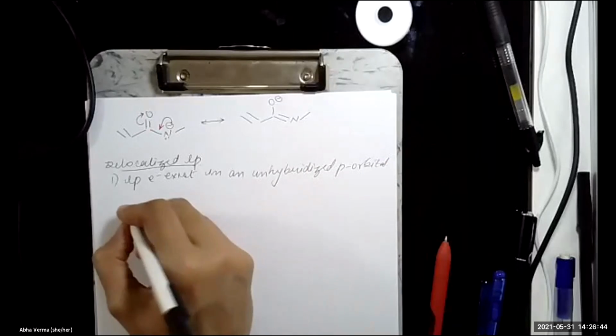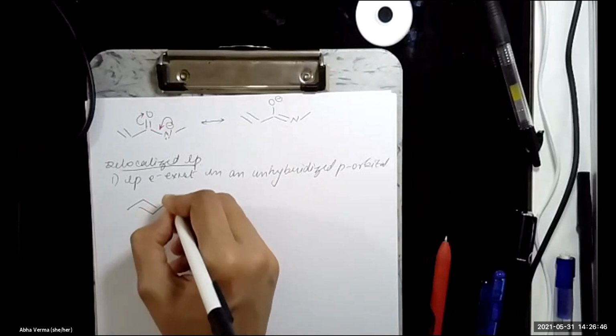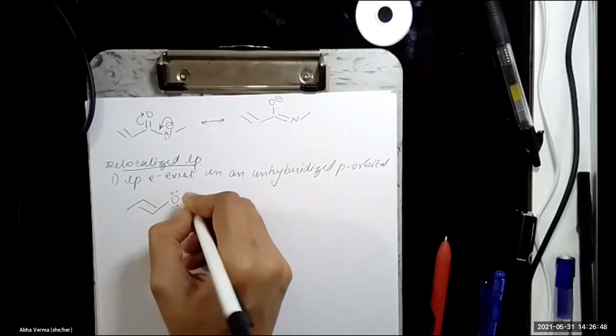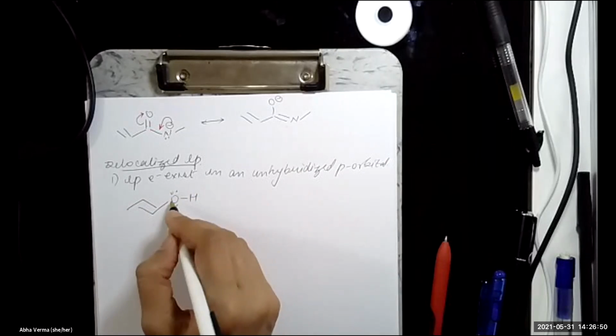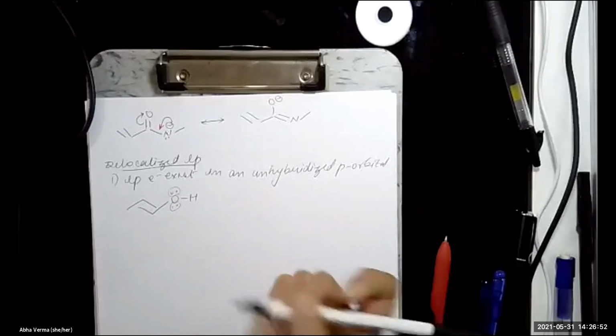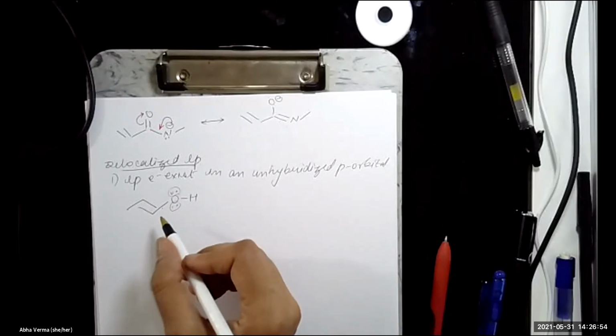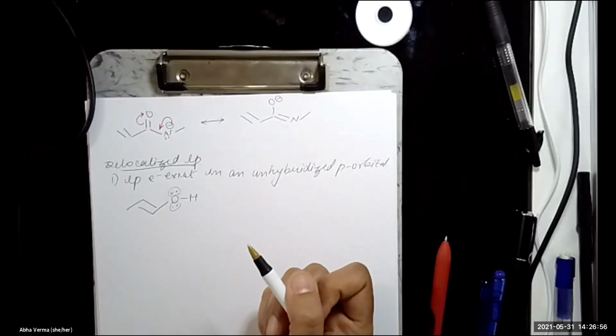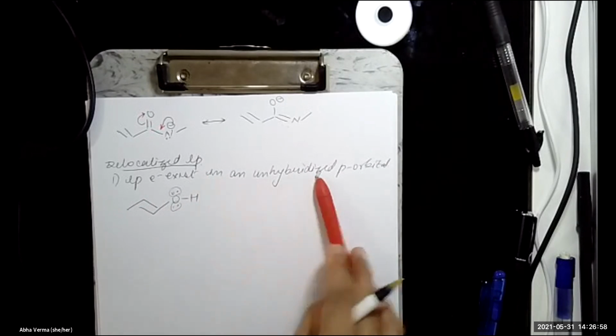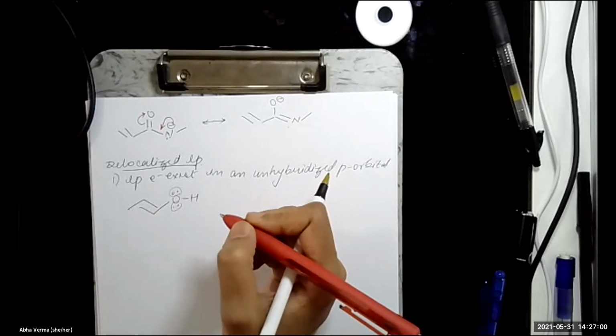What does that mean? If you look at this structure, which I'm drawing right now, these lone pairs are not part of any bonding right now. And that is what the unhybridized p orbitals are.